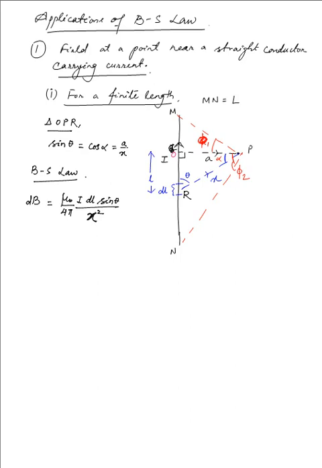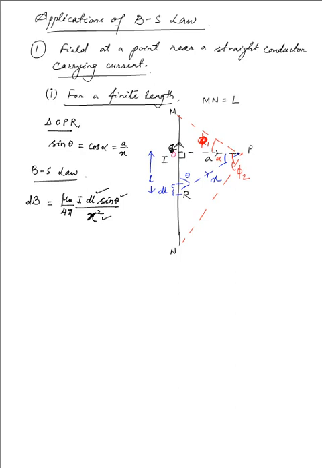Now what are the things that are going to change? If we were to integrate, we would have integrated over dl, but that's not the only thing that is changing over here. With varying the value of dl from the bottom to the top, or from the top to the bottom, we'll be varying the value of theta as well, and we'll be changing the value of x as well. So we need a single change in variable for us to integrate this quite easily. In order to do that, a certain amount of substitution is required.